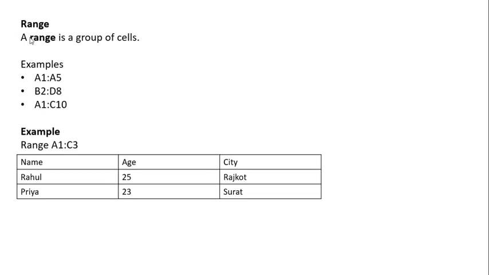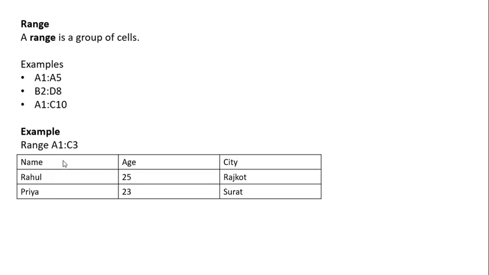A range is a group of cells. Examples are A1 to A5, B2 to D8, and A1 to C10. Another example of a range is A1 to C3. Here C means the third column and 3 means the third row.